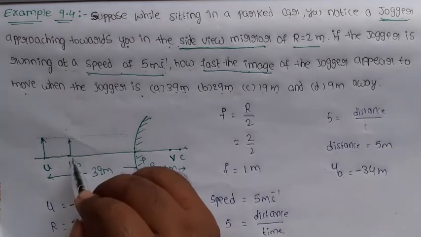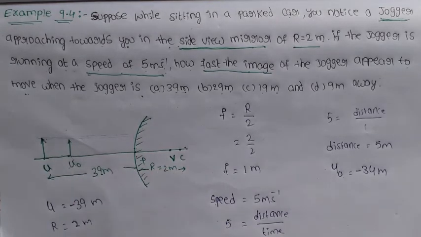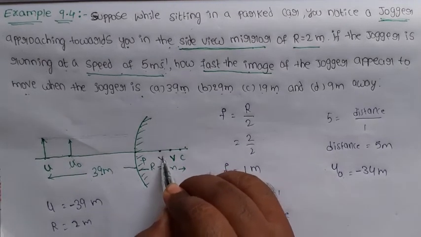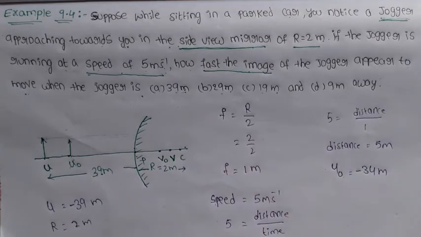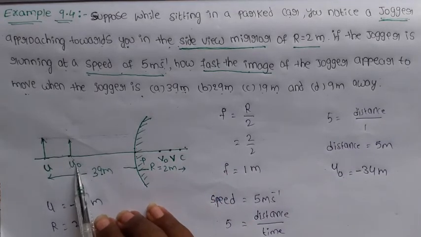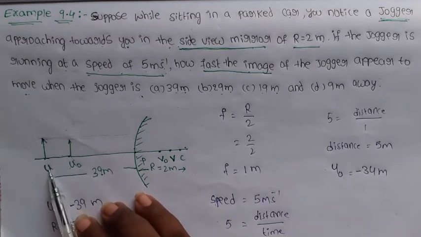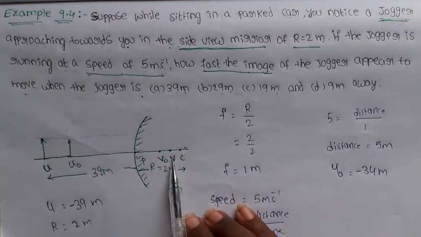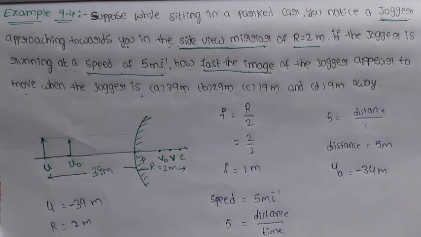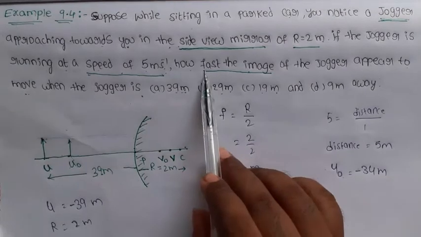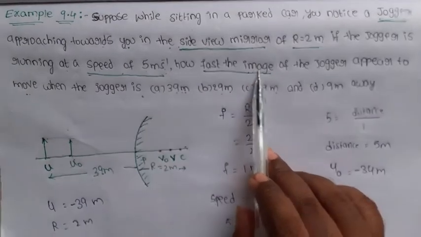When we place the jogger at u naught, what about the image? I am taking the image distance as v naught. When the object is placed at u naught, the image distance is v naught. When the object is placed at u, the image is formed at v. So what we are going to find is, when the jogger is at 39 meter, how fast the image moves.